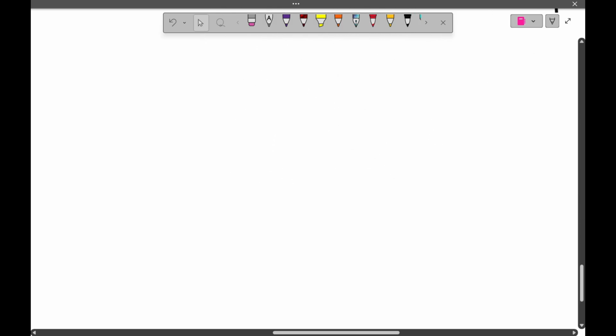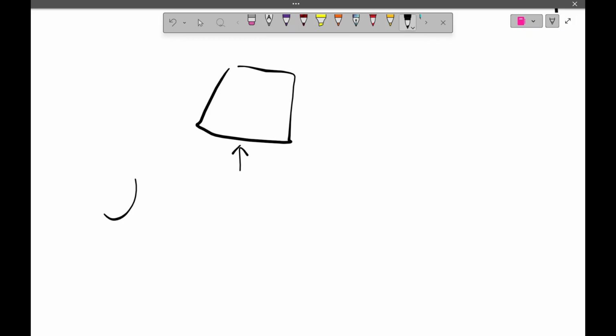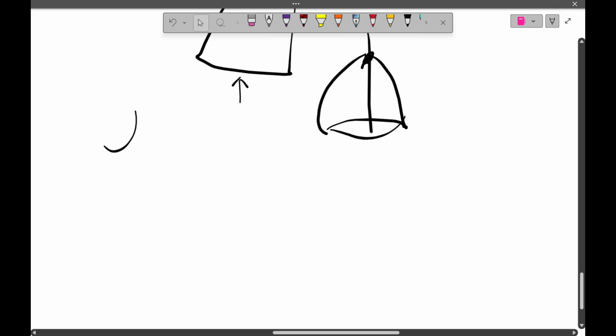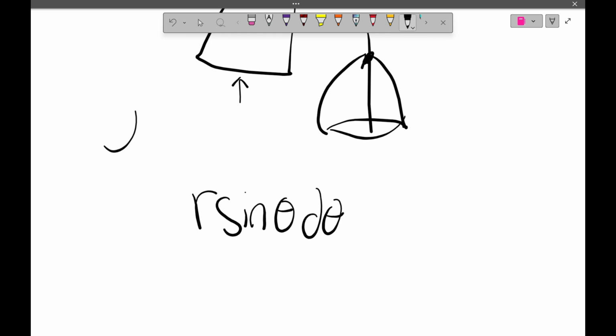And as I just mentioned, that arc width at the bottom grows narrower and narrower as you approach the point where the hemisphere converges. And that can be represented by r sine theta, d phi.